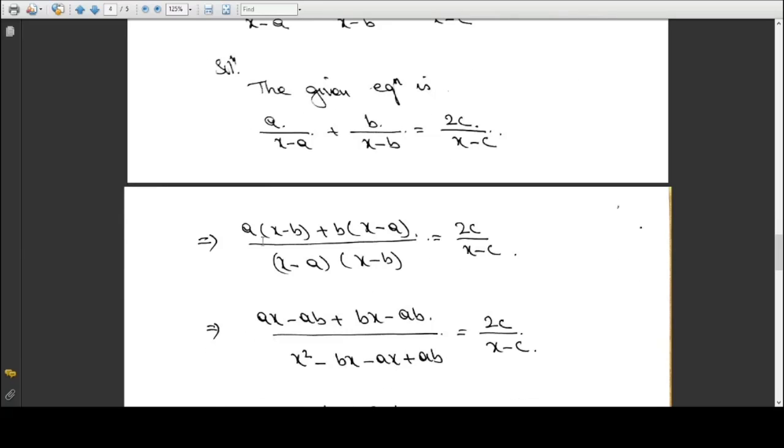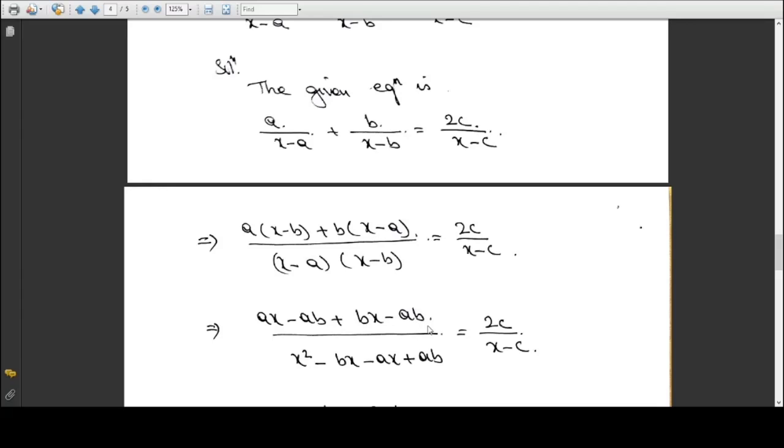Now the next step is to do the multiplication. A multiplied by x is ax, and then plus times minus is minus, a multiplied by b is ab. Next we have plus times x, b multiplied by x is bx, plus times minus is minus, b multiplied by a is ab. ba or ab is the same thing. It's just a matter of writing in order.